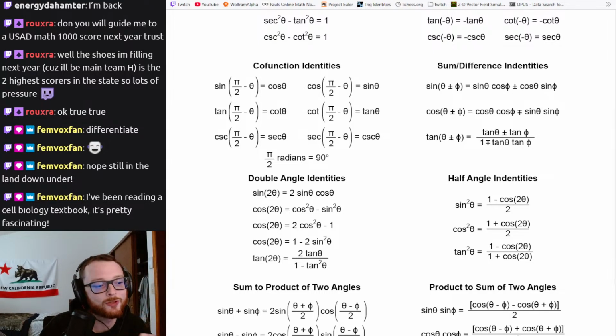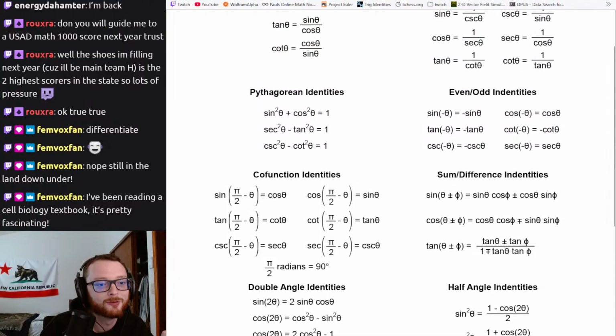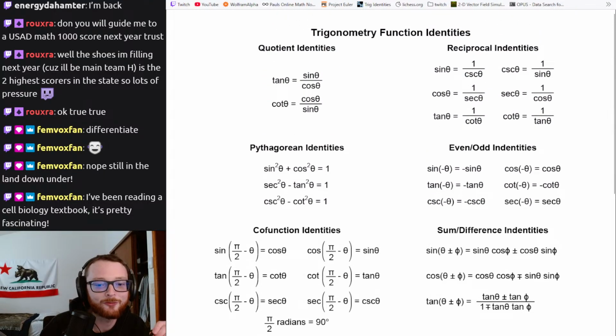A cell biology textbook. Ooh, that's cool. It's about all the different parts of a cell?